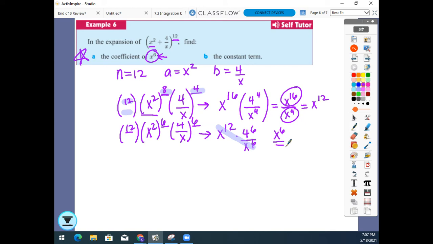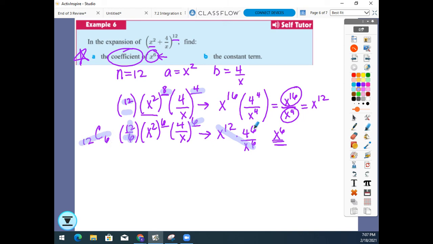So what they're asking for, when you get x to the 6th, what would the coefficient be? So let's plug in our numbers now. If this is the right combination, if this number has to be 6, this number has to be 6. So we have to find what is 12 choose 6. This is where you do your 12 choose 6 on your calculator. So we're going to get a value of this from here.